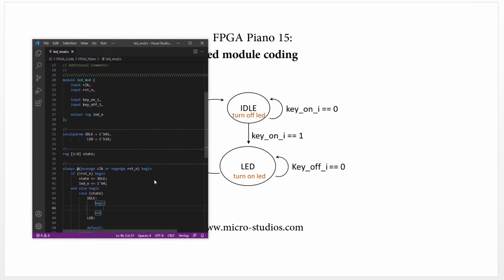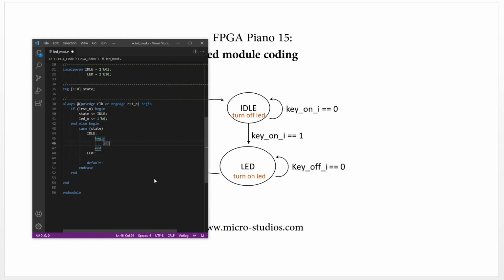If the key on signal is 1, then we go into the LED state: make state enter the LED state, and also we turn on the LED.